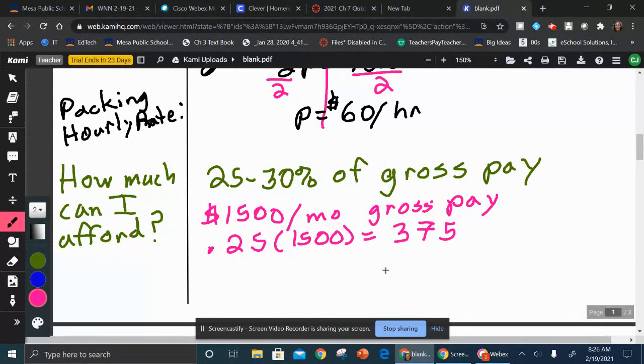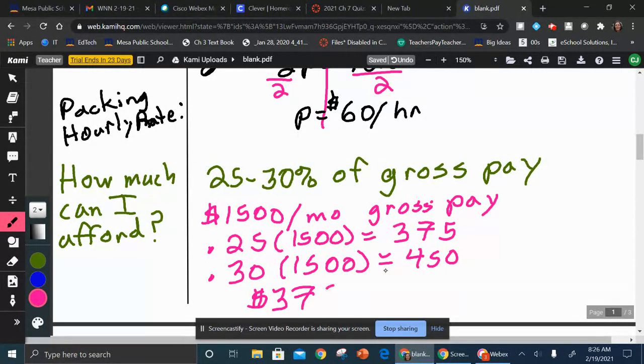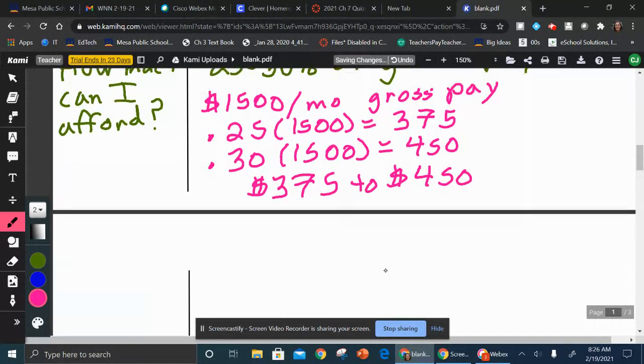So 375. Then we're going to do the same thing with 30% times 1,500. It's going to give us 450. So the interval amount you can afford is between $375 to $450. That's how much you can afford to pay for rent.